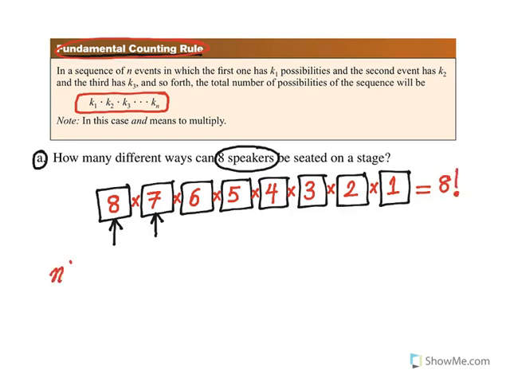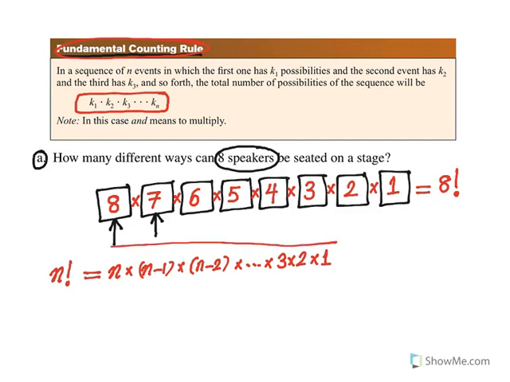Remember that n factorial is equal to n times n minus 1 times n minus 2, and you keep on going down until you reach 3 times 2 times 1. So you go all the way down from your number until you reach 1, and you multiply everything. This is the factorial.